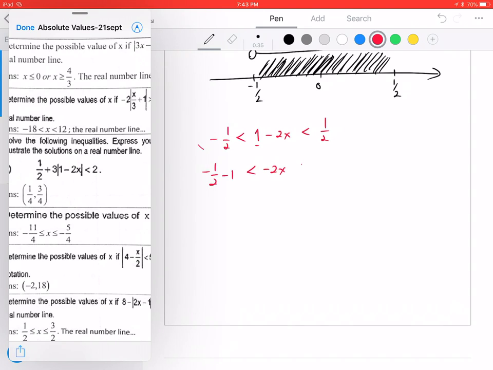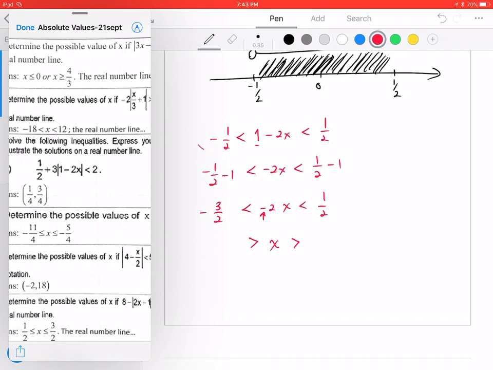So negative 1 over 2 minus 1. At the right hand side also you minus 1. So here you will have negative 3 over 2 less than negative 2x less than negative half. Then you get rid of this negative 2 by dividing both sides by negative 2 as well. Since you are dividing by a negative integer, you need to change the direction of your inequality.